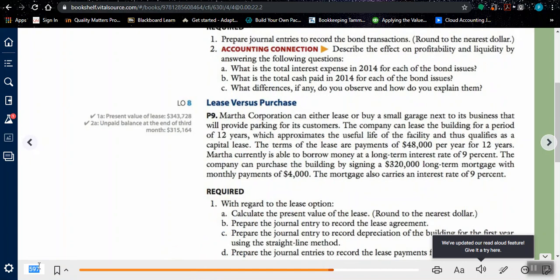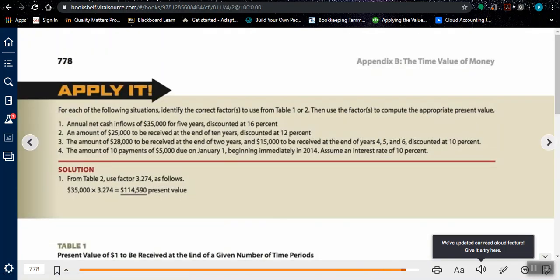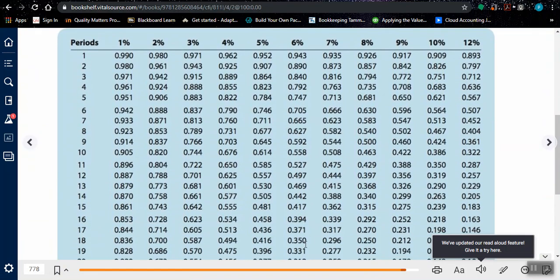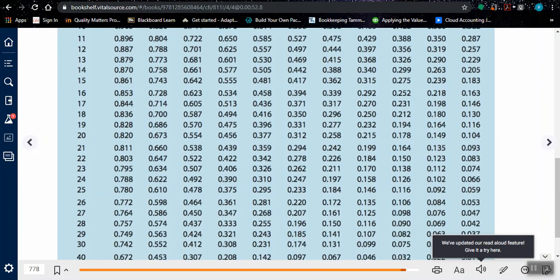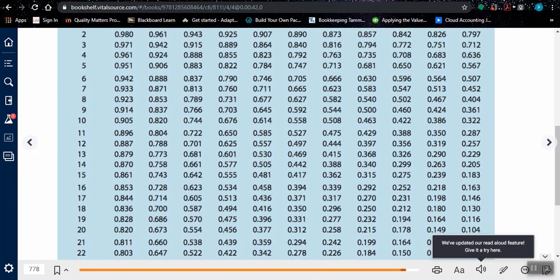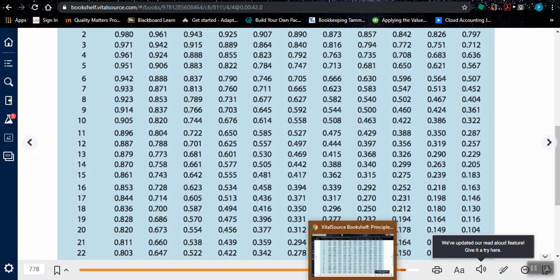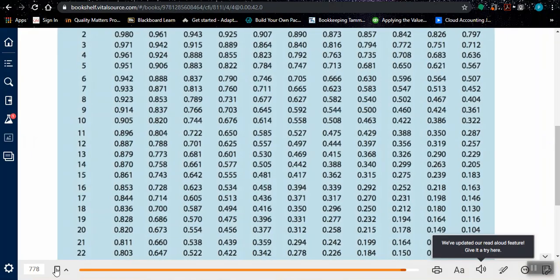We are going to have to use the present value tables on page 778 in order to help us to calculate which would be better for us to purchase or to lease.